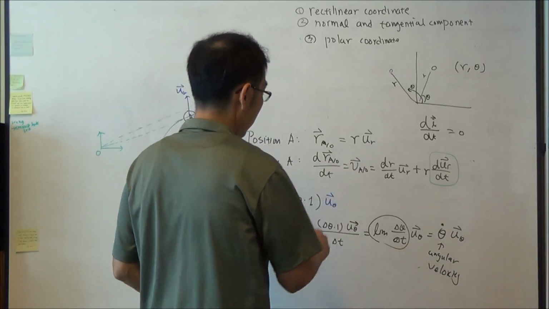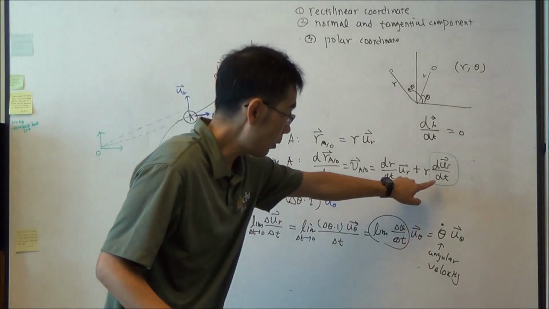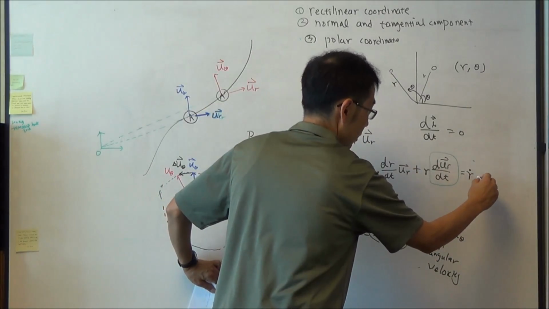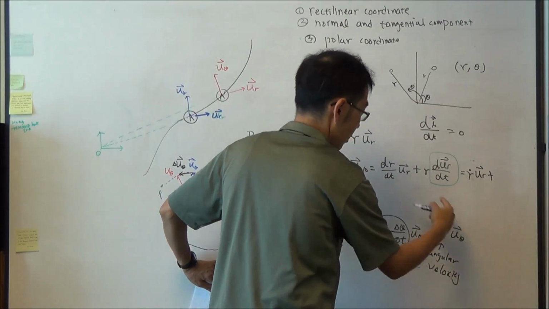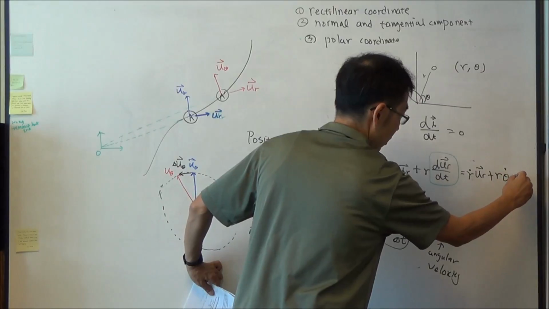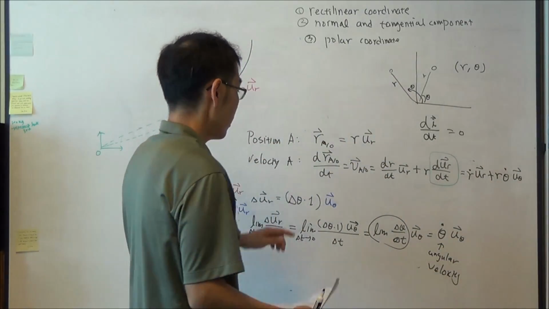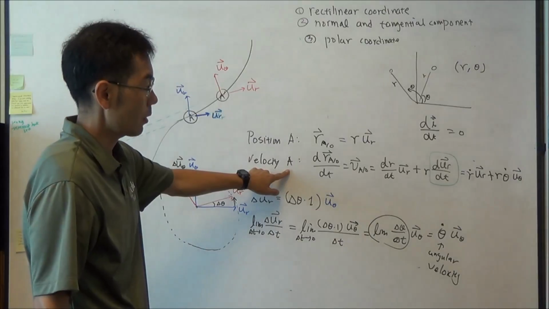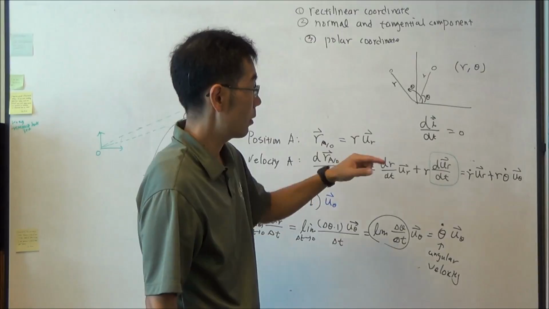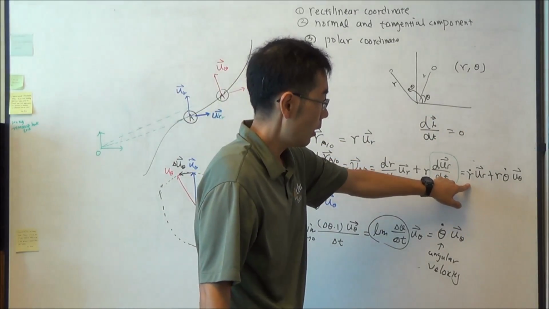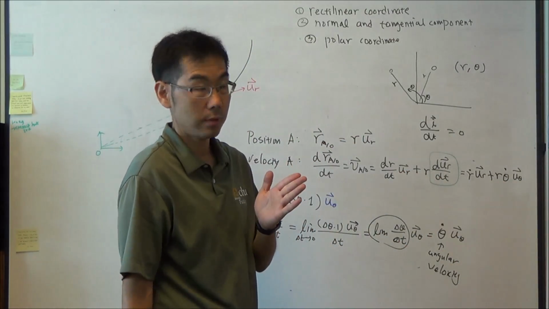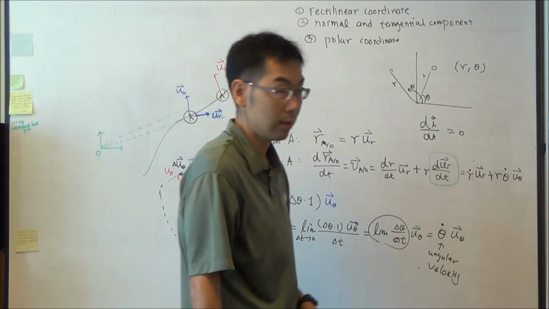So what's the velocity of A? I want to find this one. So this is R dot UR plus R theta dot U theta. So my velocity of A can be represented by the rate of change of my R, and then I have another velocity component along the transverse direction, which is R theta dot.